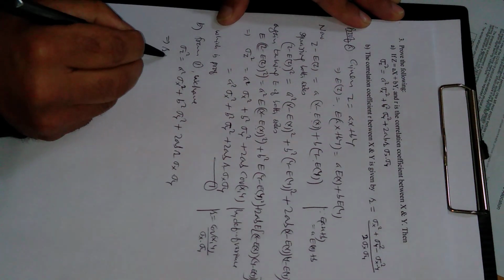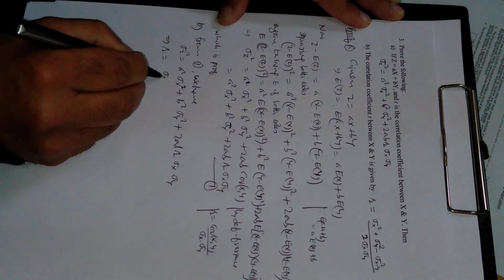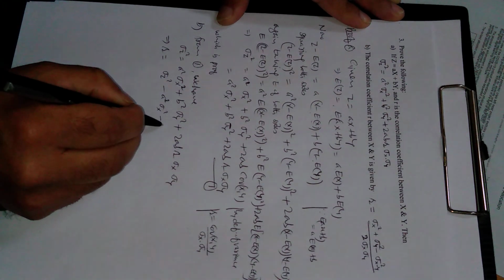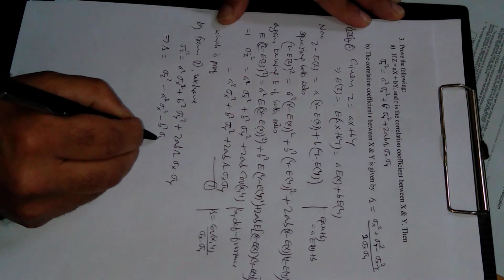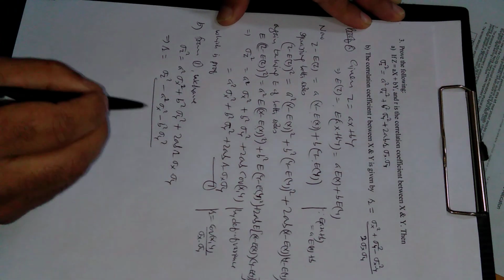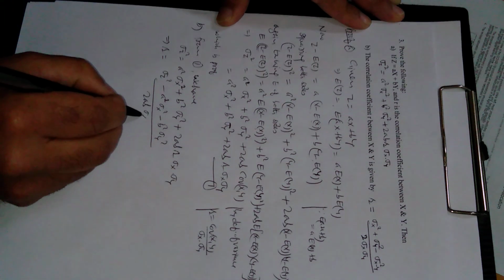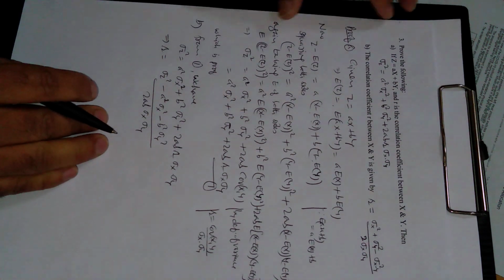From here r will be sigma z square minus a square sigma x square minus b square sigma y square, whole divided by the rest, 2ab sigma x sigma y.